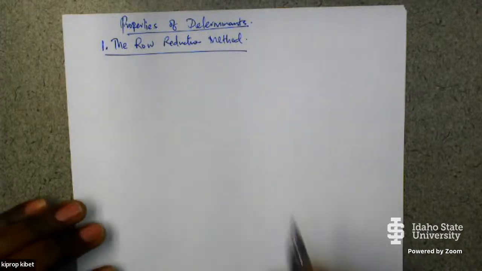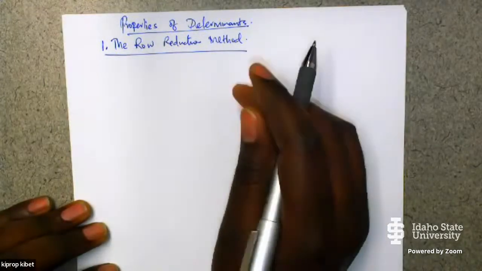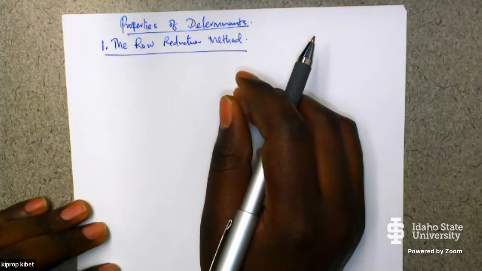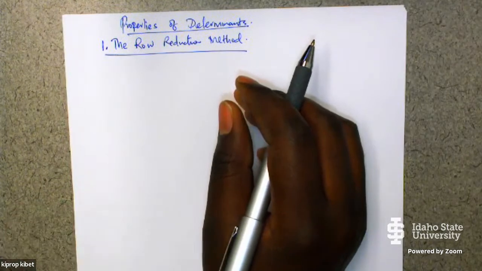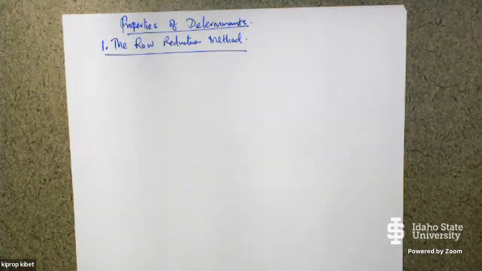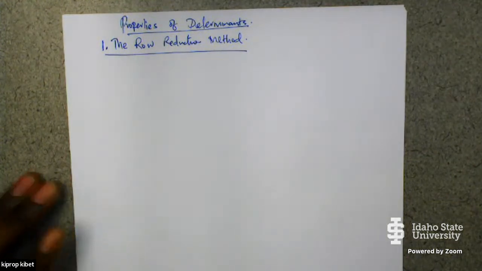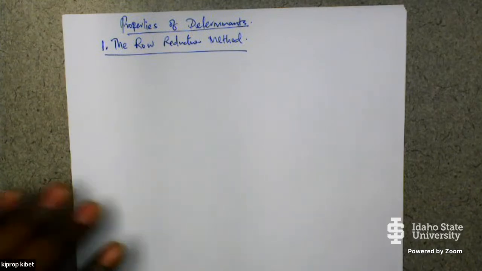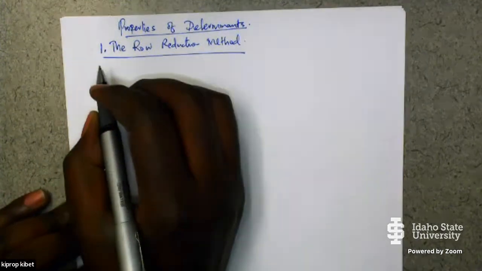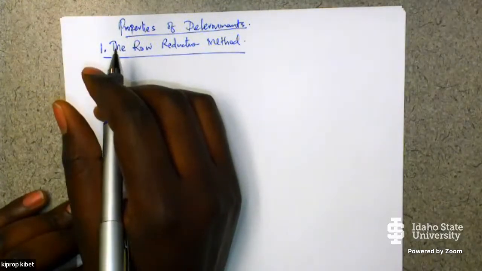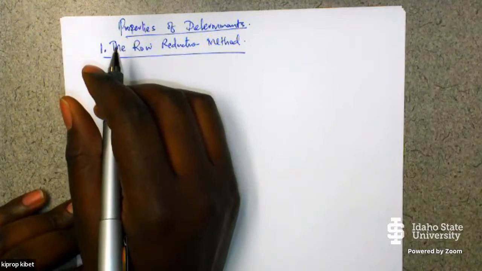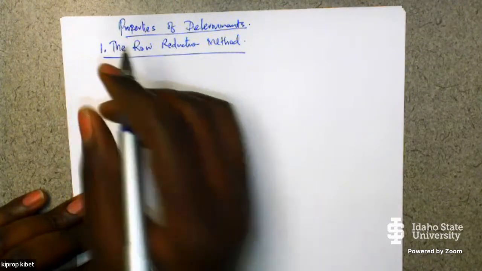Now, we want to look at how, when we have the elementary matrix, after reducing the matrix completely, we definitely get a matrix which is a triangular matrix.